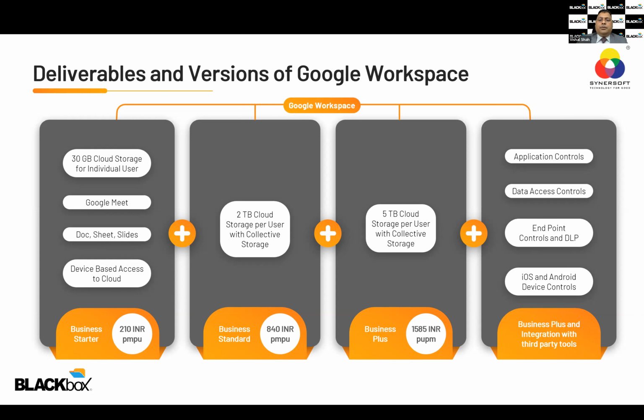And I think we require all these things as an MSME. We may not be a very large enterprise with 1,000, 2,000, or 3,000 users, but our data security and data protection needs are the same as those of a large enterprise.